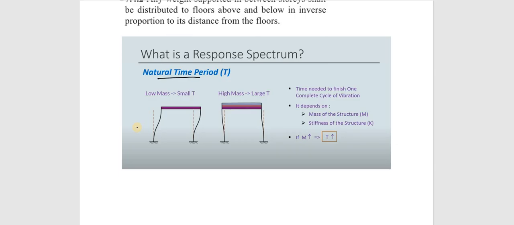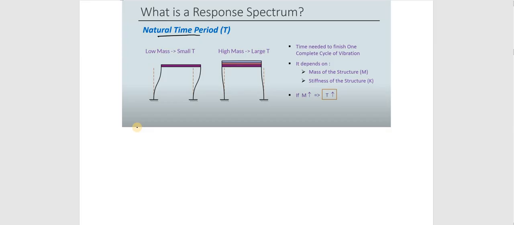If I have a single degree of freedom structure, as shown here, and I apply a force and then remove the force, what will happen to the structure? It will oscillate like this, and it will come back to its natural position. That time taken is known as the time period.